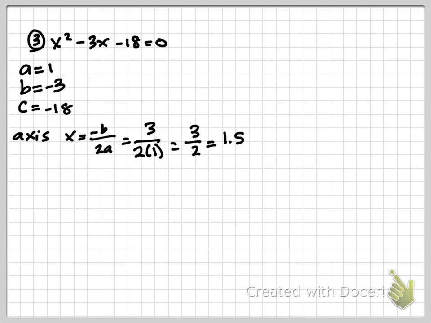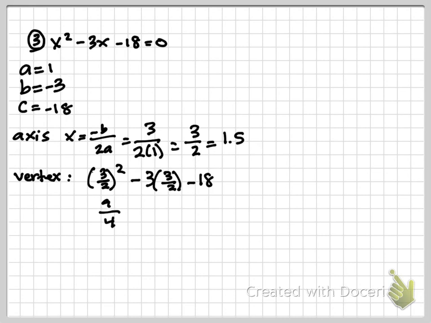All right, so to find my vertex, I'm going to plug 3 over 2 in for x. So I have x squared minus 3 times x minus 18. So 3 over 2 squared is 9 over 4, minus 3 over 1 times 3 over 2 is 9 over 2, minus 18.